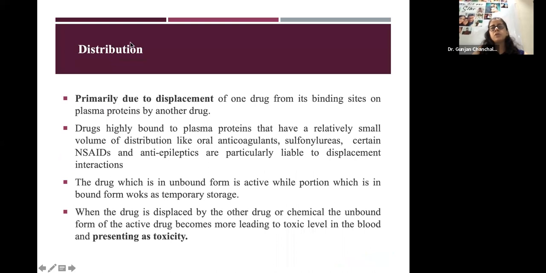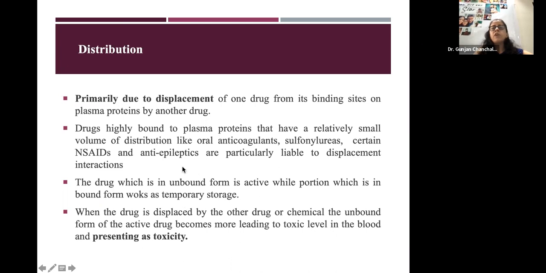Then comes distribution. Distribution depends, very importantly, on the plasma protein binding of the drug. Drugs which are highly plasma protein bound will have a low volume of distribution. So primarily one drug may displace the other drug from its binding site. And as we all read, warfarin, phenytoin, sulfonylureas, and certain NSAIDs are highly protein bound, and therefore they will displace each other from the plasma protein binding site and may cause interactions.